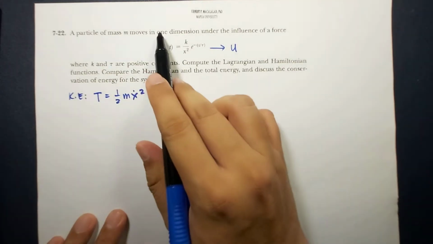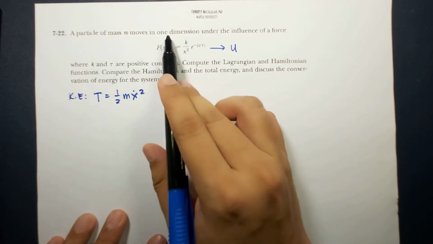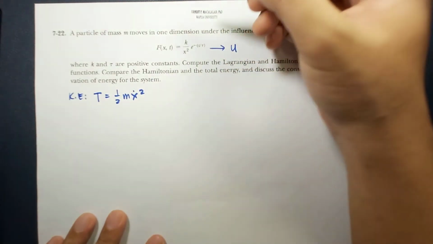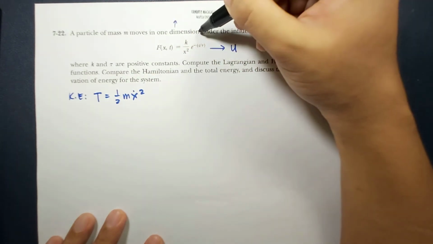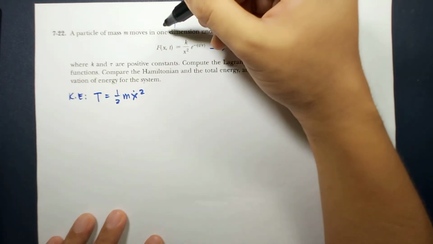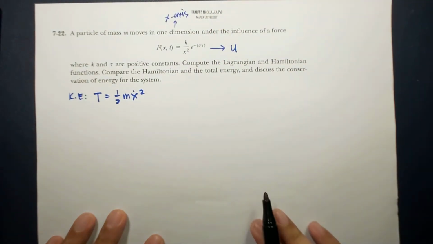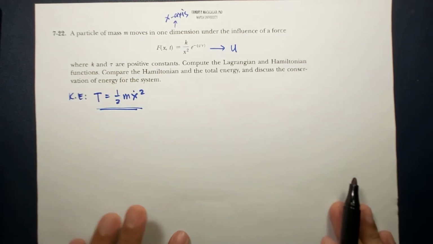Because we are told that the particle moves in one dimension, and from the force it is implied that the particle's direction is along the x-axis. So therefore the kinetic energy is given by this.